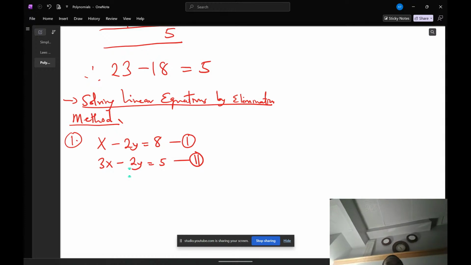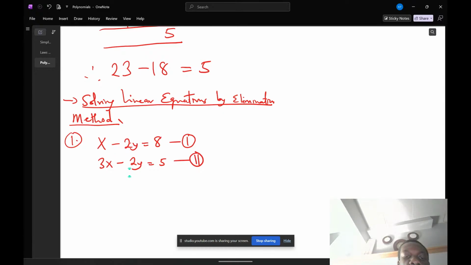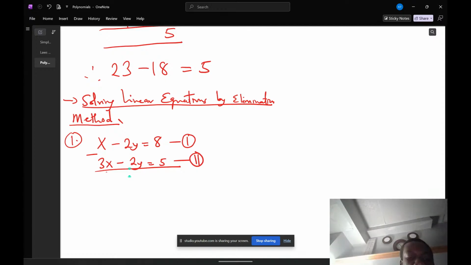So now we can see that both linear equations, for y, they both have the same coefficient. So for us to make it easier, we can just subtract equation 1 from equation 2. If we subtract equation 1 from equation 2, x minus 3x will give us minus 2x.